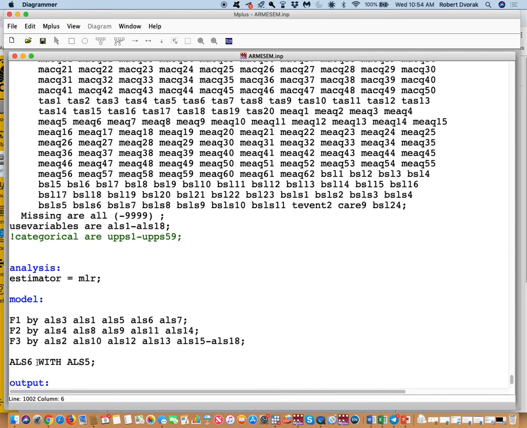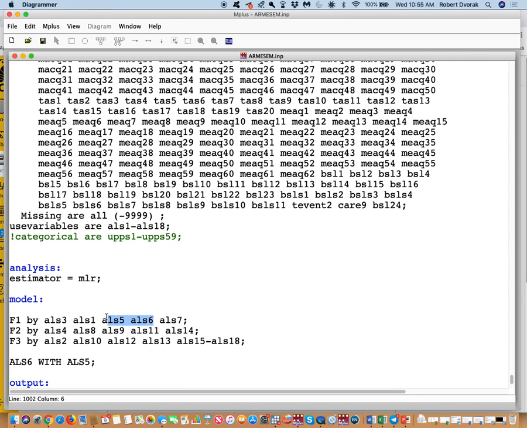And in that case, I would go and look at the items. And I would say, hey, this had a modification index of like 800. And this item sounds like it could be being driven by these two factors, which I've called this, and the item says this, and it sounds like these two factors could both be contributing to your response on that item, right? Anyway, we've added our single correlation here, ALS 5 with ALS 6.